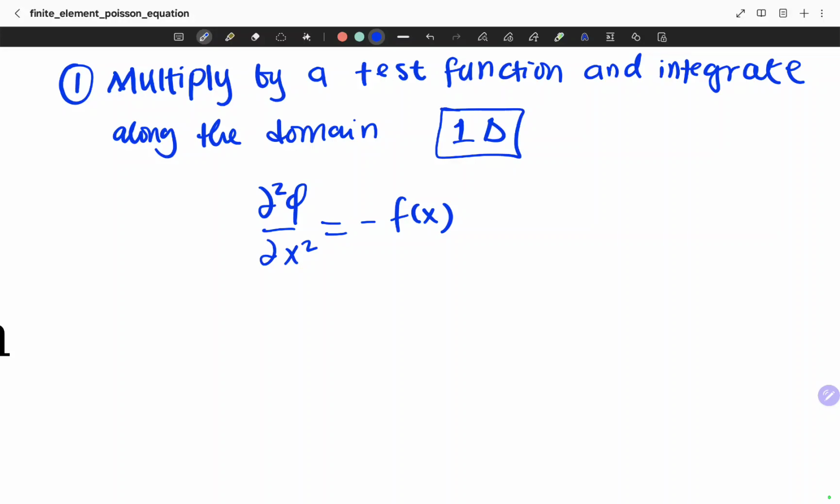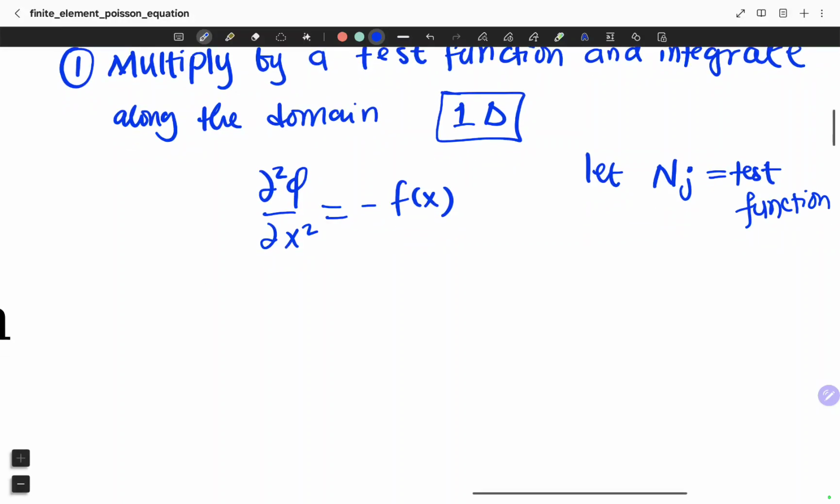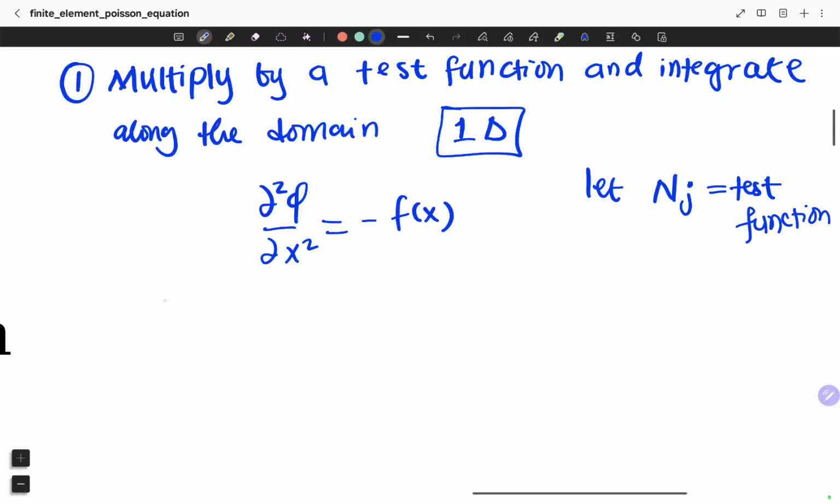Now let the test function be, let nj be the test function. This nj is just a test function. Now we multiply, like we said, we're going to multiply it and integrate.